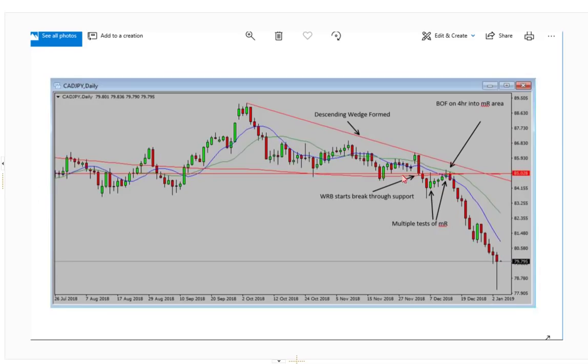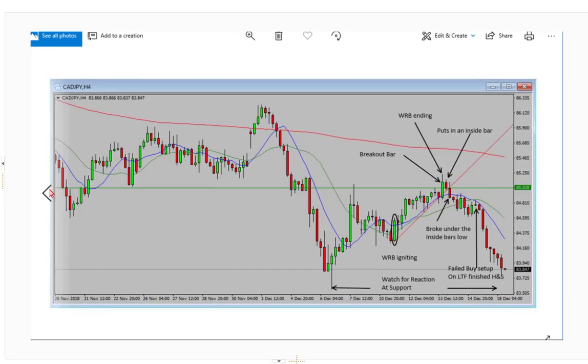that minor resistance area was major support, and became minor resistance when it comes back up to test the bottom of that area. So what did we see? Wide range bar igniting on the pullback down here. Possible wide range bar ending at the high.